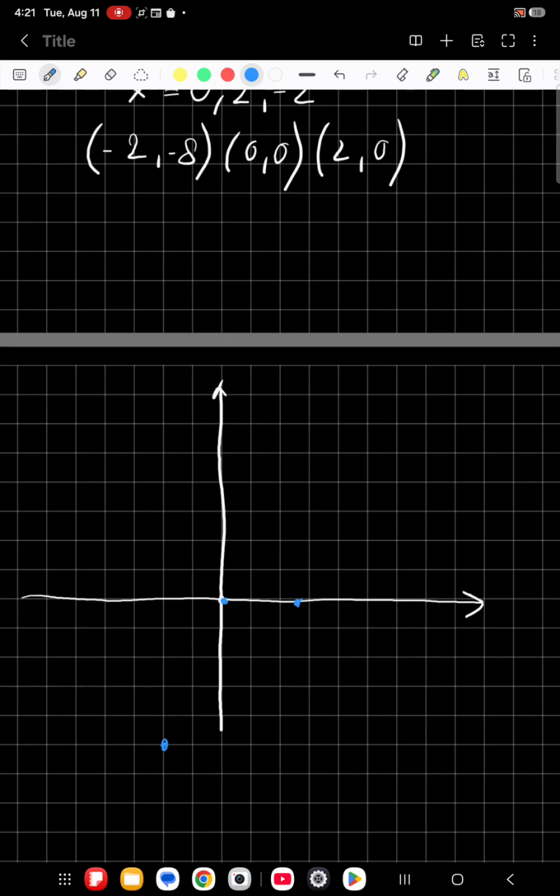So we go up here, and then down, and up. Okay, so that's this cubic: y equals 3x cubed minus x squared minus 10x.